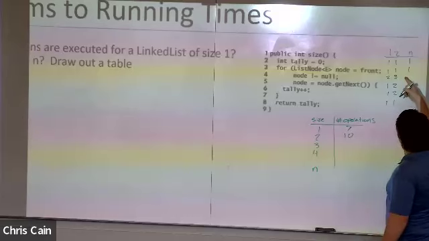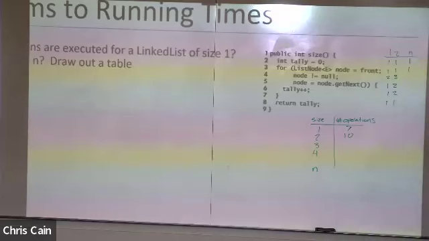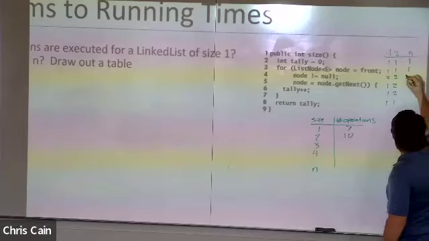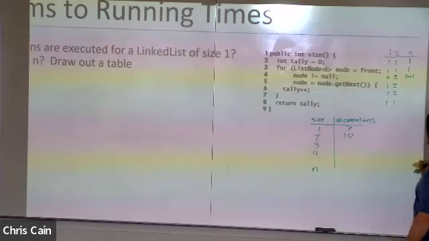How many times do we check if node is not null? If n is 1 it was 2, and if n is 2 it's 3, so this is going to be n plus 1 times. How many times do we do node dot get next? n times. Tally plus plus, n times. Return tally once. So we sum all of these up, what do we get?